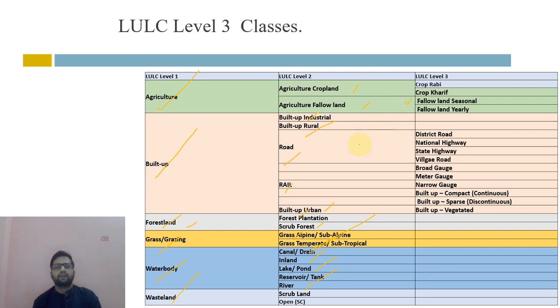Another is road. Road can be divided into four categories: national highway, state highway, district road and village road. Another category is rail. Rail can be divided by railway line into meter gauge, broad gauge and narrow gauge. So all of these are level 3 classes.